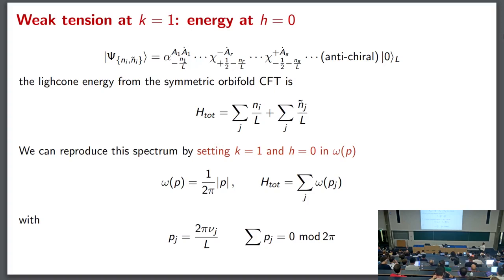The dispersion relation is super simple. It's just 1 over 2 pi modulus of p. And you see immediately that you can reproduce this free theory by putting free quantization condition for the momenta p, 2 pi nu over j.